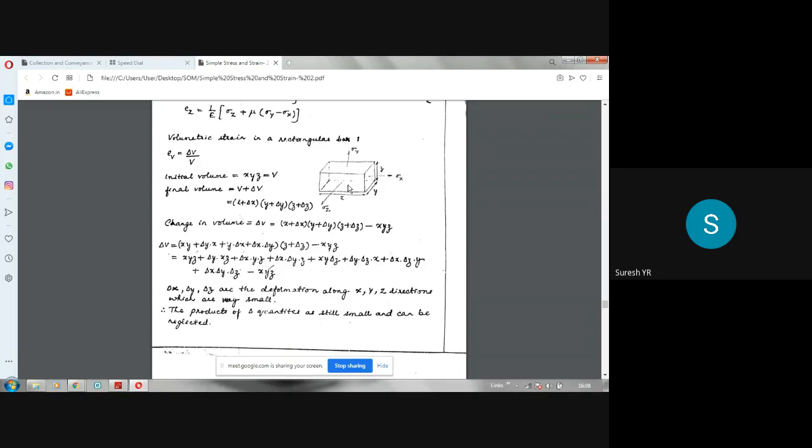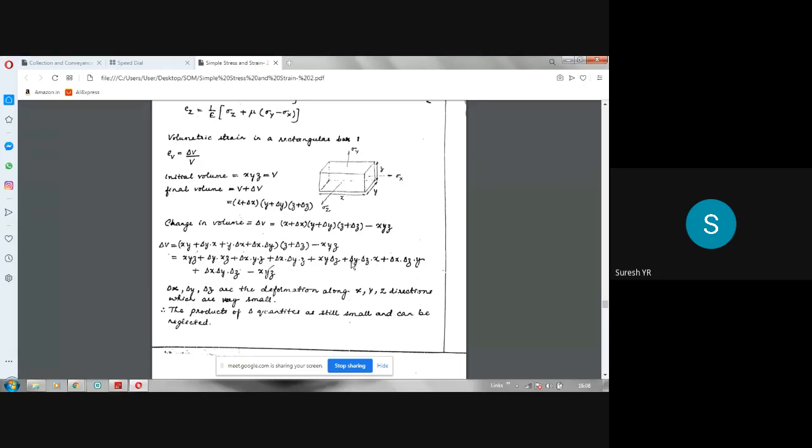When they are all very small quantities, their products also will be very small and can be neglected. For example, in this, you can neglect this delta x into delta y term. Wherever you have two or three delta terms, product of two or three delta terms, that can be neglected because it becomes very, very small.